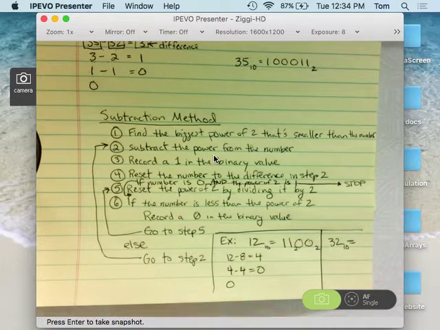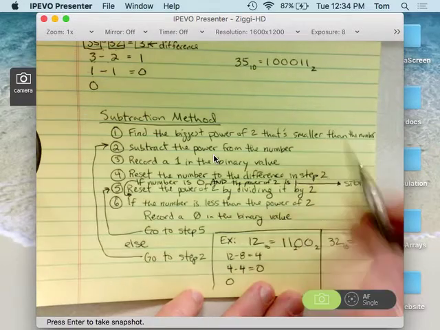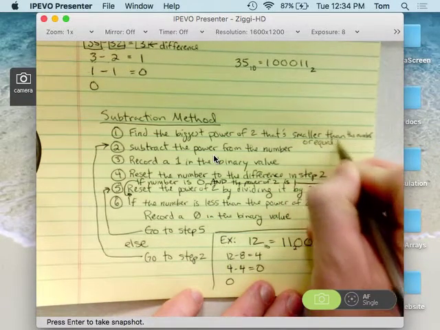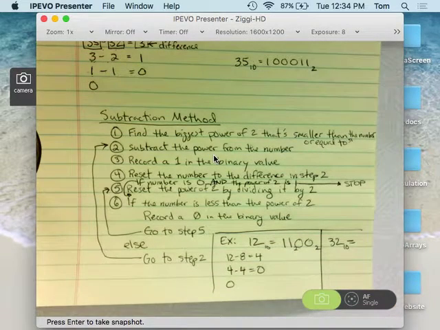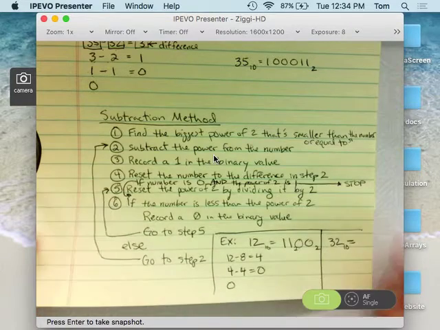Smaller than or equal to. So find the biggest power of 2 that's smaller than or equal to the number. Writing these little algorithms can be a little bit difficult. All right, so let me show you the other algorithm. Ready?